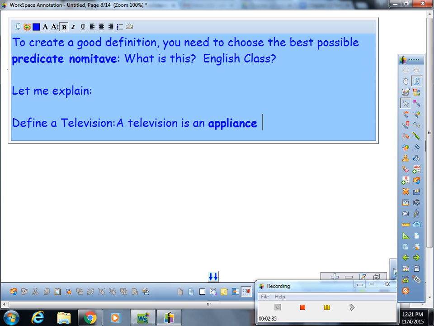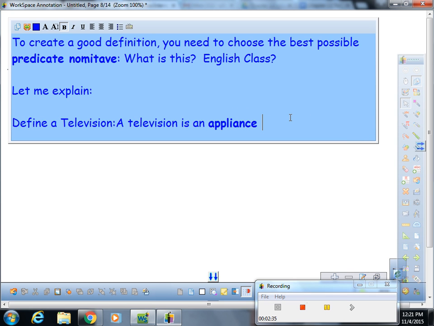It tells the audience that it runs on electric and that it is used inside of a house, typically to improve daily family or personal operations. Now we just have to explain what makes a television a specific type of appliance. How is a television different than a toaster?